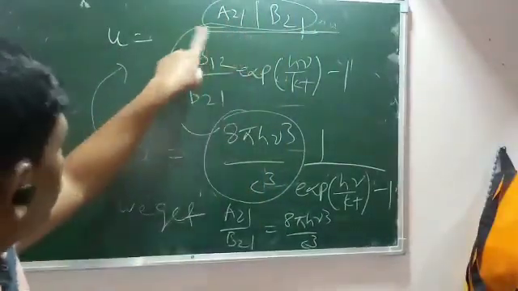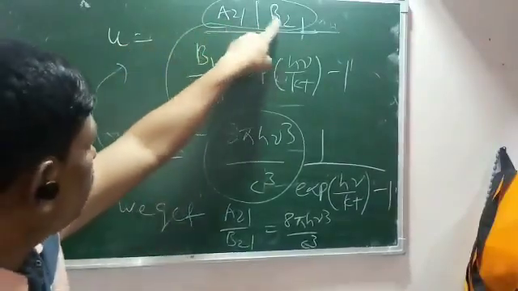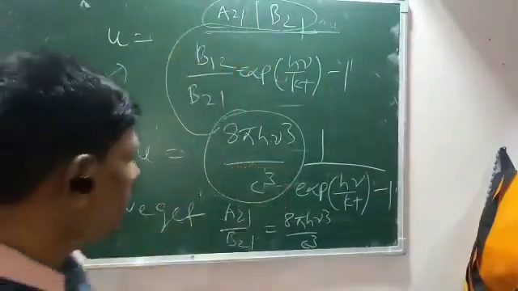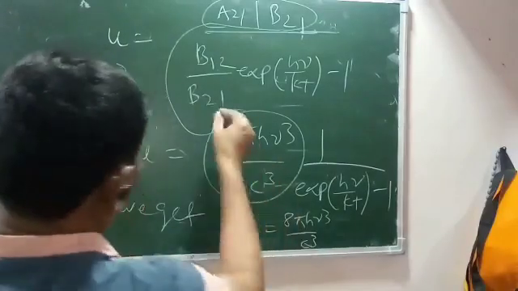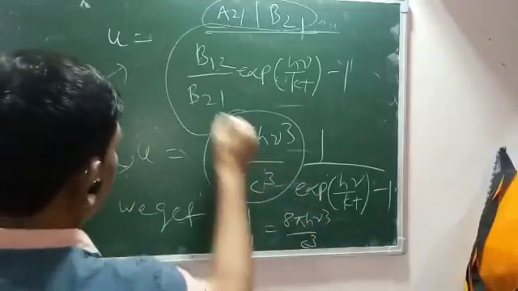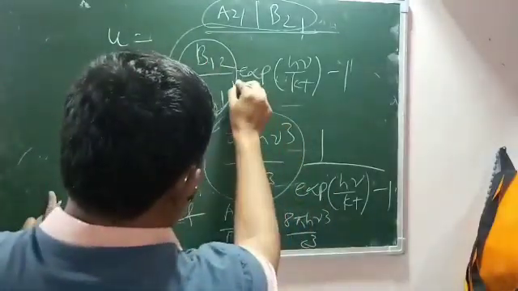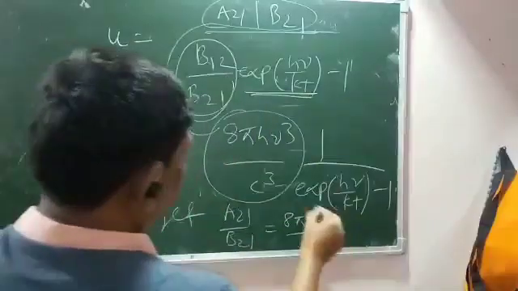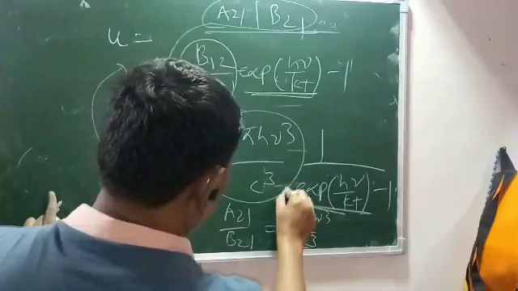The numerator of U is A21 by B21, which is equal to 8 pi h nu cube by c cube. In the denominator, we have the ratio of B12 by B21 multiplied by the exponential term, and the exponential term is multiplied by the factor 1.